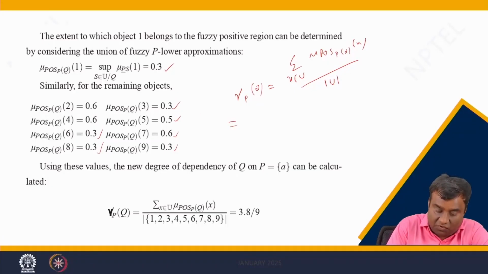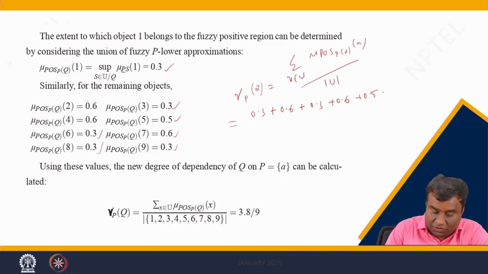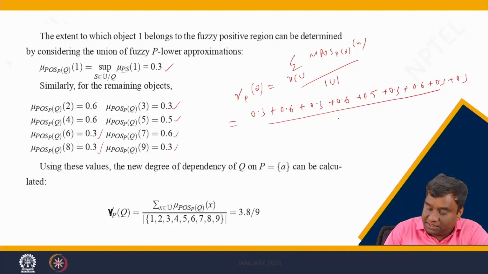So your summation is 0.3, 0.6, 0.3, 0.6, 0.5, 0.3, 0.6, 0.3, and again 0.3. So total 9 elements are there, divided by the total number of elements, that is 9.